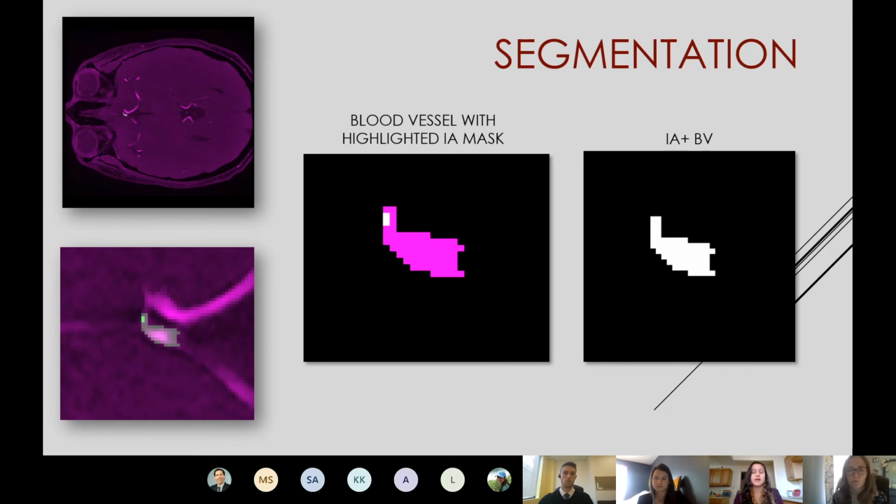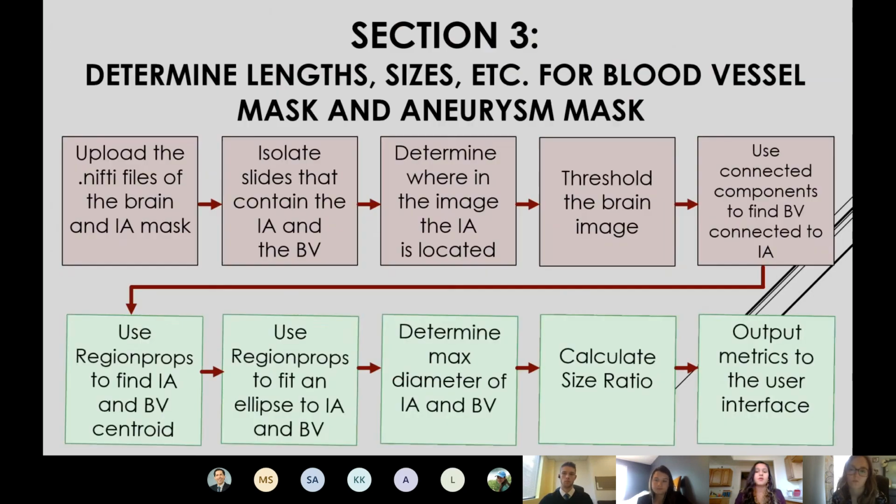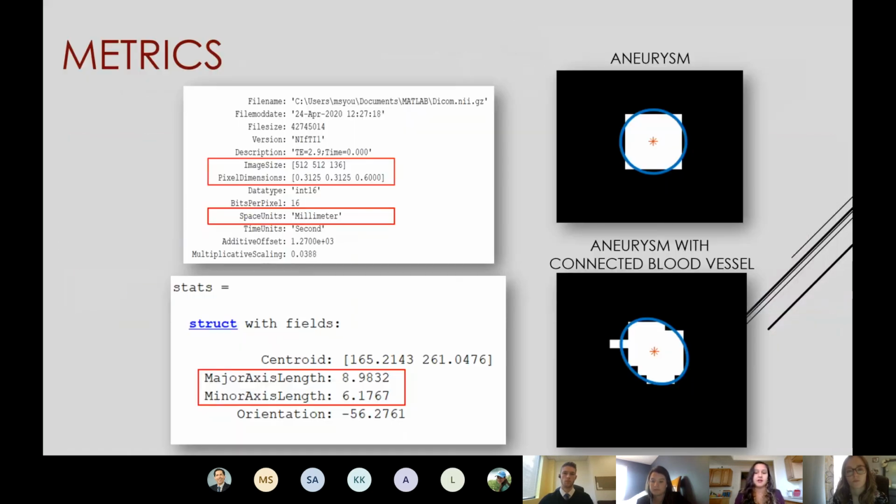And then those two overlaid images get overlaid again on top of the original brain image. And then that's in the top left corner, and the bottom left corner shows a zoomed in version of the region of interest. So then once we have the mask of the blood vessel and the aneurysm, we will be able to use various MATLAB functions to help us obtain the metrics that we desire.